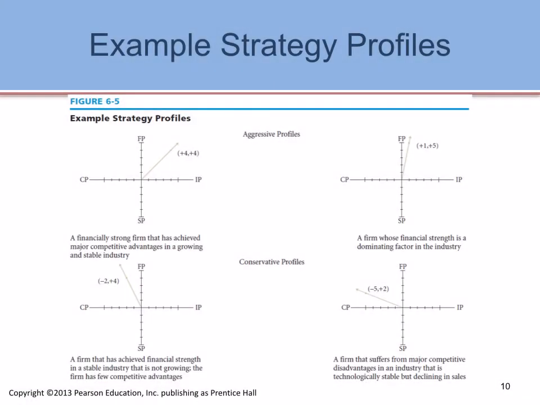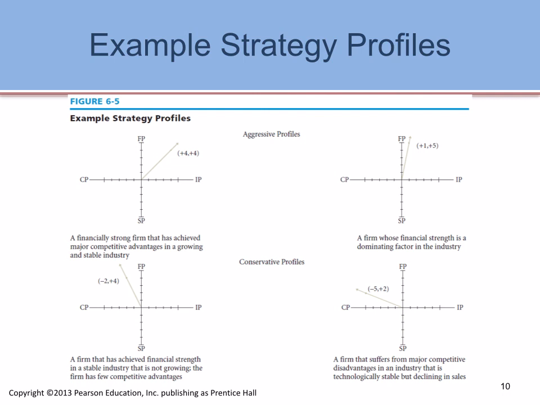You see, the aggressive profile is always at the intersection of IP and FP, whereas the conservative profile is always at the intersection of FP and CP. Again, you need to know where these profiles fall in the space matrix. You need to know in advance where the aggressive profile is positioned.